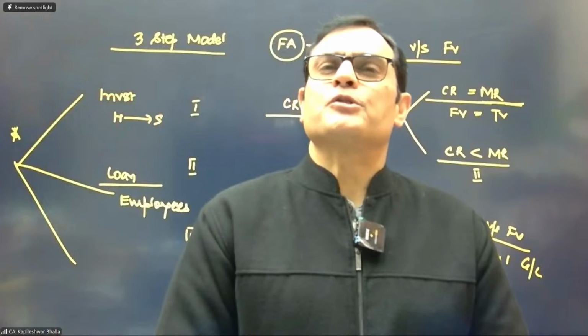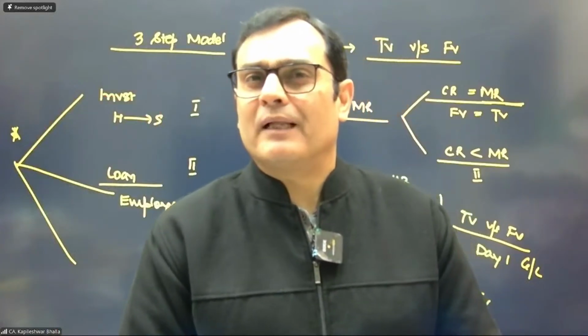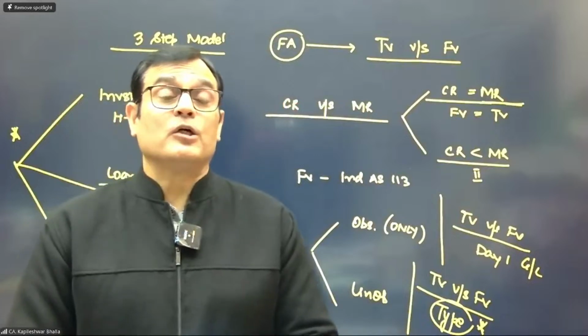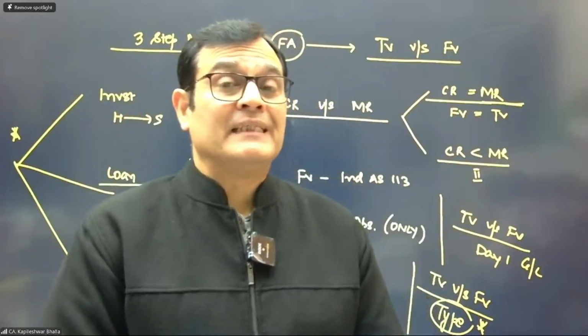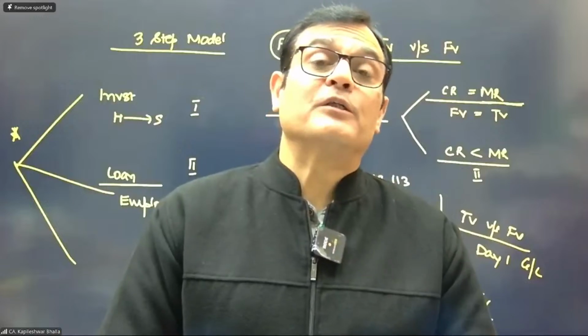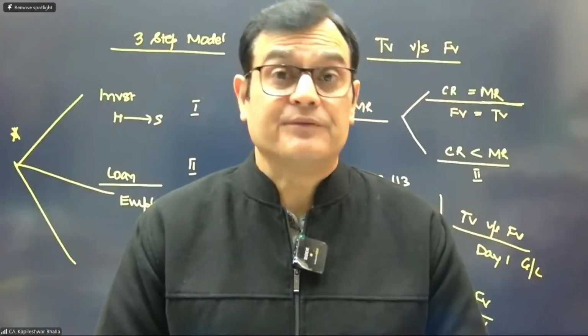The other kind of situation could be when you're dealing with your suppliers, you might give them some kind of deposits on which they may not pay you interest. As a security, you are going to make some deposits with them, especially when you enter into transactions with your suppliers.